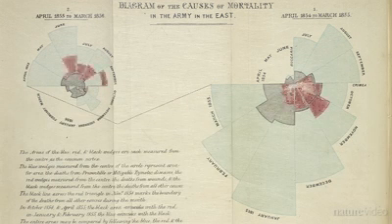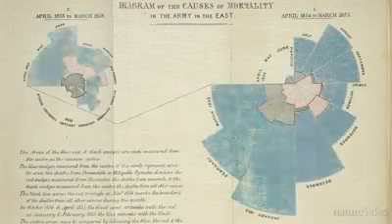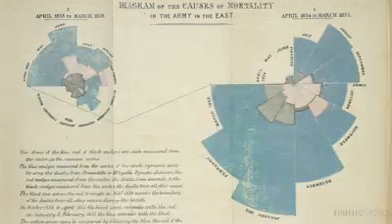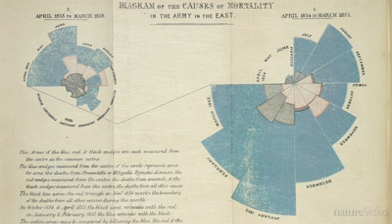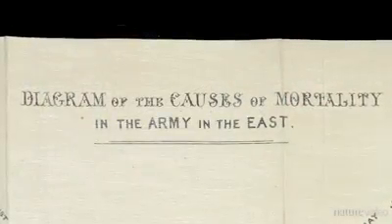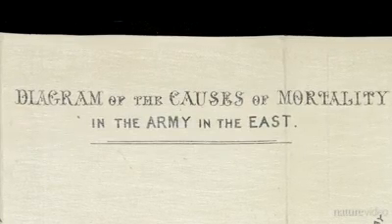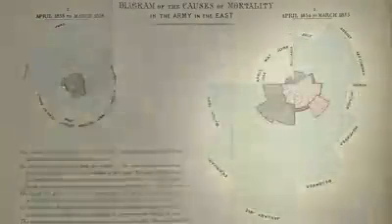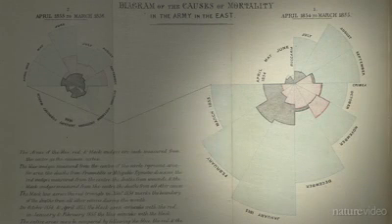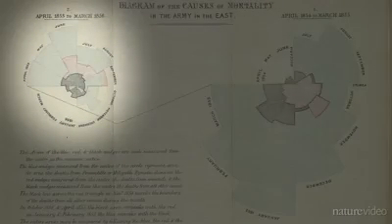The red on this diagram is the wounds, and in blue here, that's all preventable diseases, basically acquired in hospital conditions. What's really quite remarkable here is that she shows that by implementation of sanitary reforms, you have a really dramatic reduction in the number of deaths that were occurring due to poor sanitary conditions in hospitals.